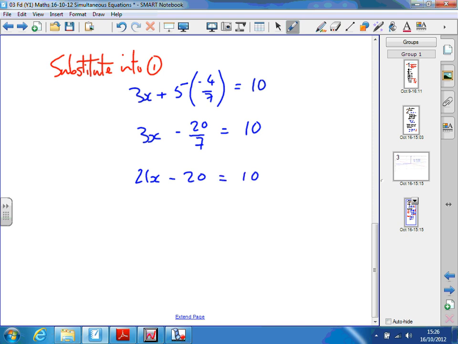Excellent. Next. Add 20 to both sides to get rid of the 20. 21x equals 30. And finally, divide by 21.